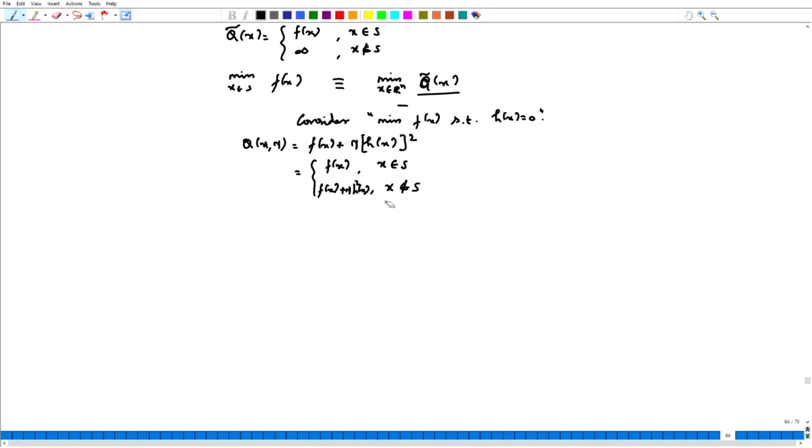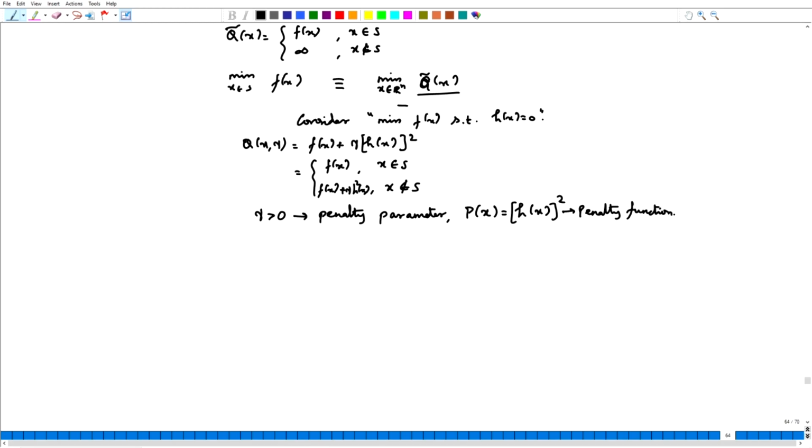Okay. So, the gamma that you have here is some non-negative quantity called the penalty parameter, and gamma h of x squared is actually called the penalty function. So, here it is the quadratic function, right. So, this is denoted as the penalty function.